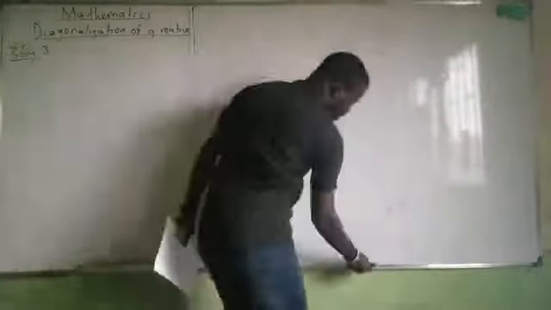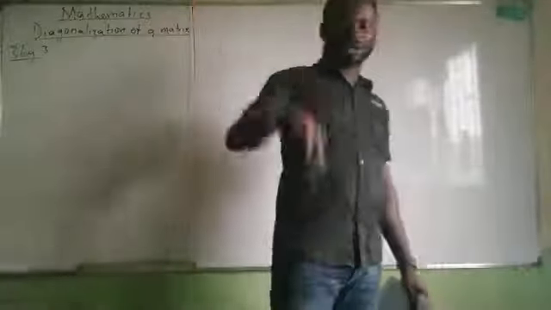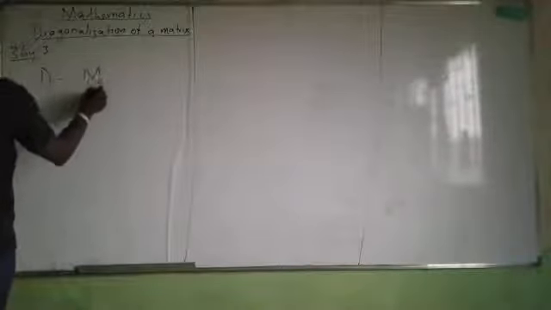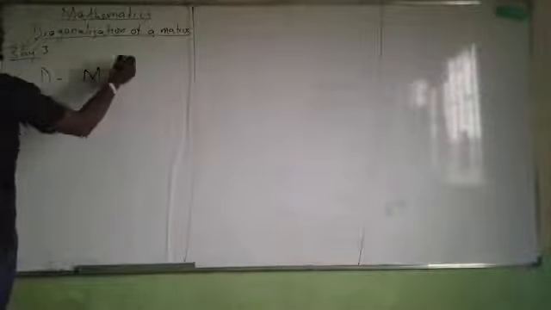Don't forget what I said in the previous video: when I'm asked to diagonalize any matrix, and in the next video we'll work on how to diagonalize a vector also, it's always M, then the eigenvalues, then M inverse.